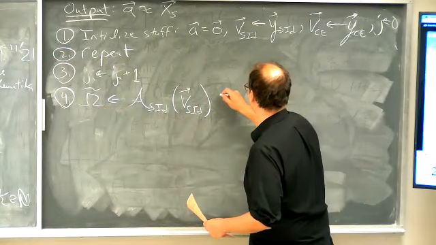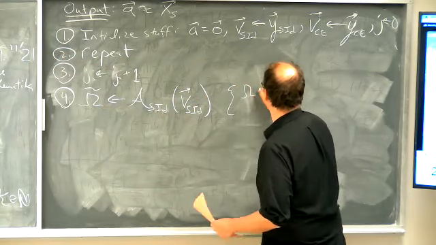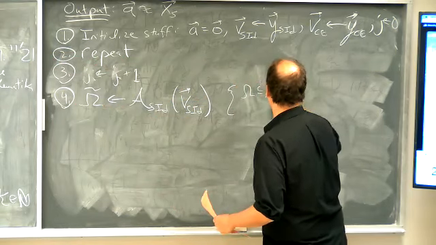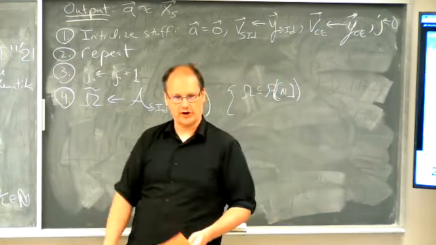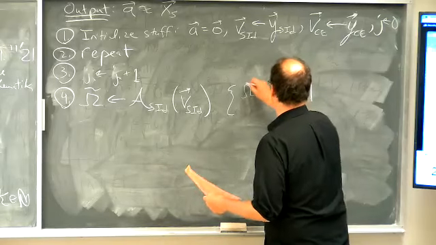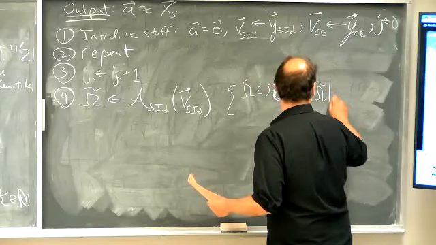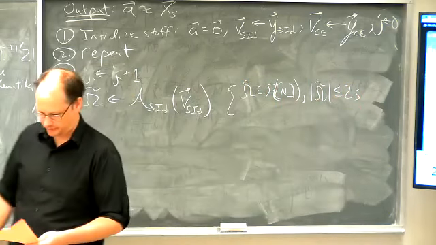So let's make that more clear here. This should be a subset of the power set of bracket n, right? That's where I'm looking for my basis. And in particular, I'm going to say that this thing should have cardinality at most 2s for my sparsity parameter s.